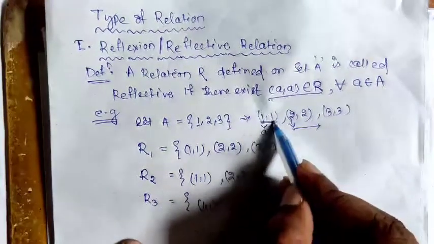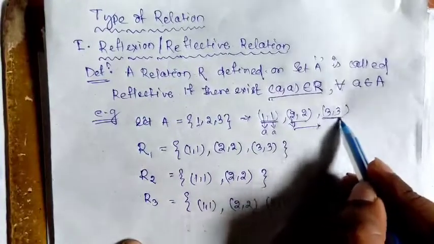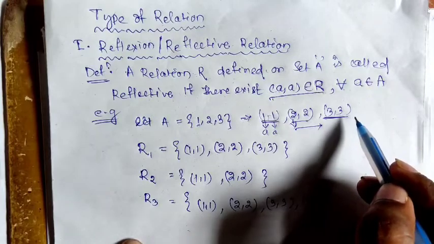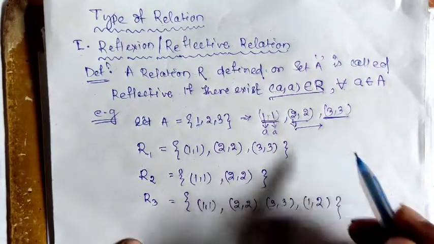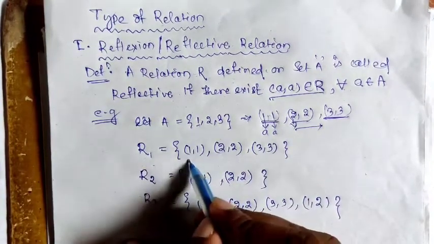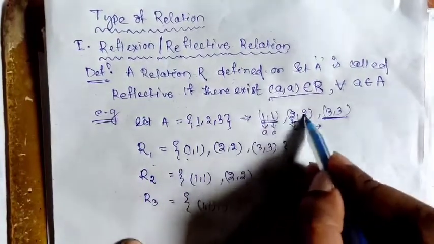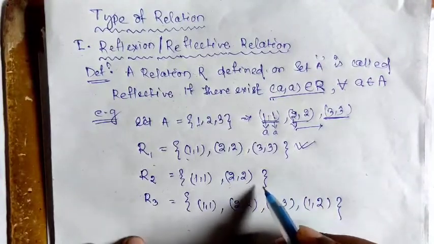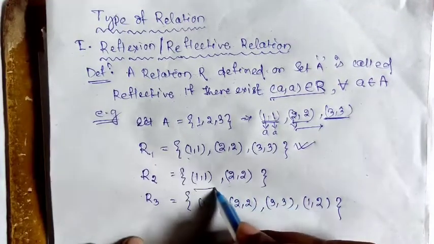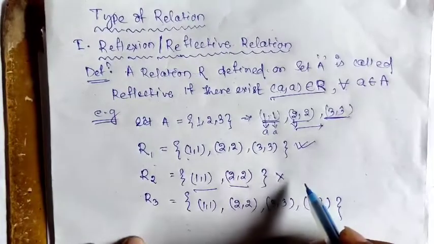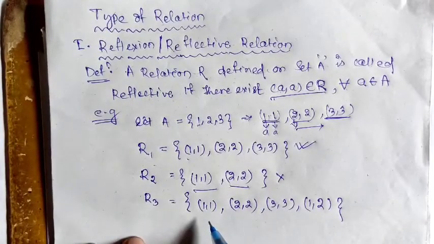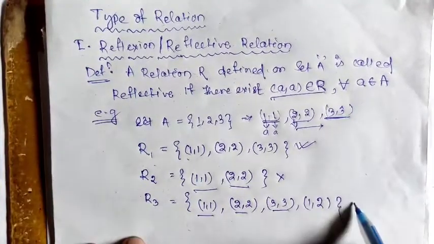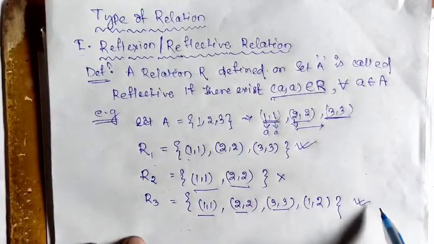So these three ordered pairs must come under the relation. We check the first relation: these three ordered pairs are present. In the second relation only two ordered pairs are present, so it is not a reflective one. In the third relation, these three ordered pairs are present, so it is also a reflective one.